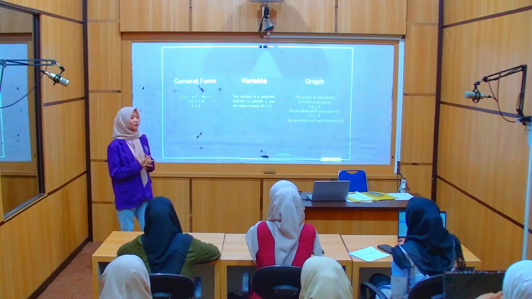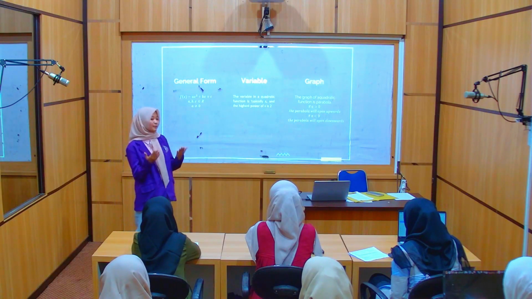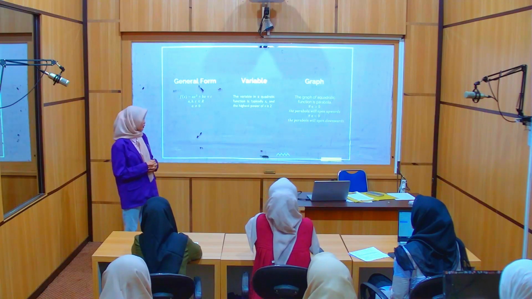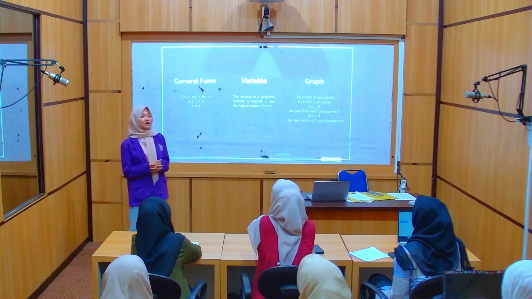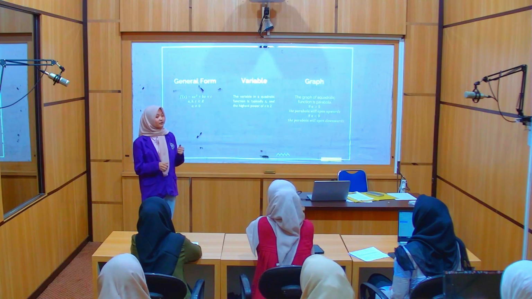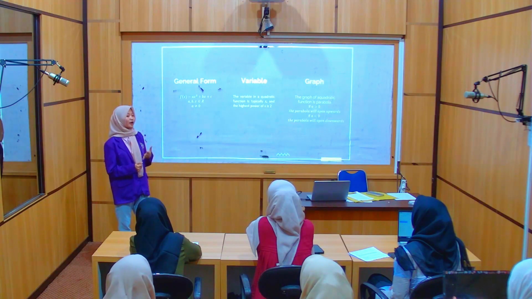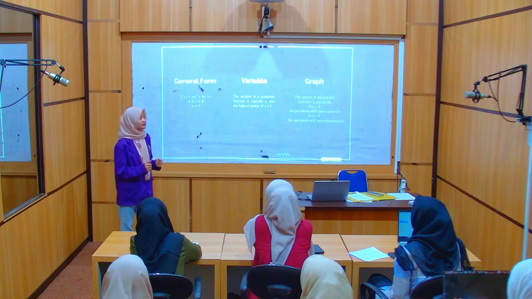It means that we have a minimum point at the bottom. And if the value of a is less than 0, the parabola will open downwards like an inverted U-shape. This means that we have a maximum point at the top.